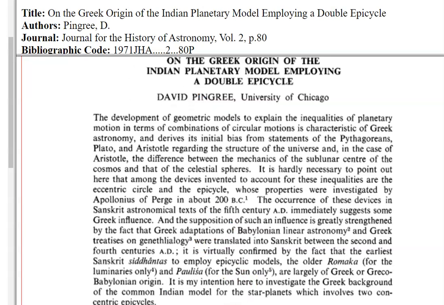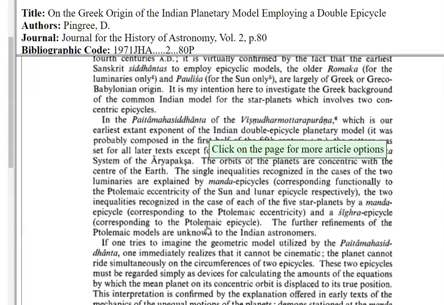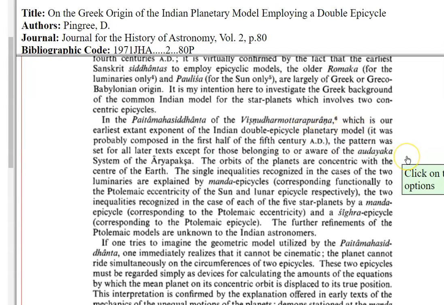And so let's go back to Pingree's paper. So we came to the Paitama Siddhanta and the Vishnu Dharmottara Purana. And so Pingree says, in the Paitama Siddhanta of the Vishnu Dharmottara Purana, which is our earliest extant exponent of the Indian double epicycle planetary model.